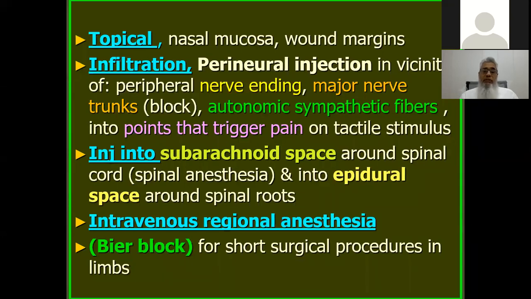They can be injected directly into the CSF, which is called spinal anesthesia, and they may also be used in the epidural space. And they can also be used IV for intravenous regional anesthesia, and this is called Bier block.